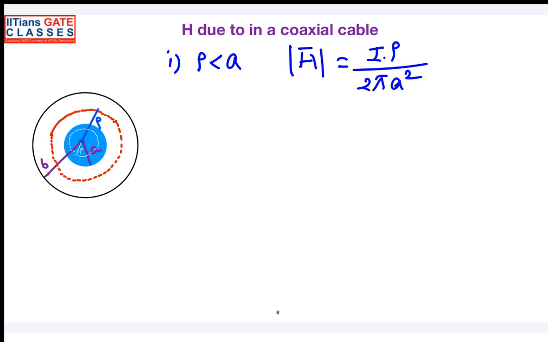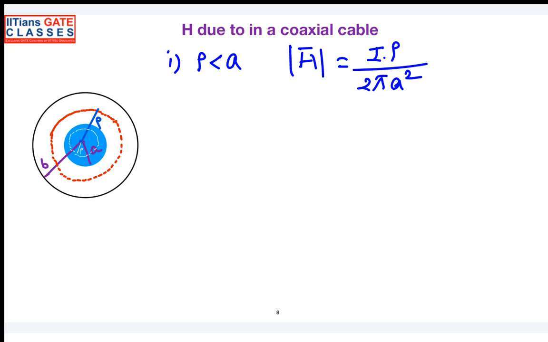As the value of rho becomes bigger, you are going to have more loop area. The moment you have more loop area, the enclosed current will also be more. Correct?